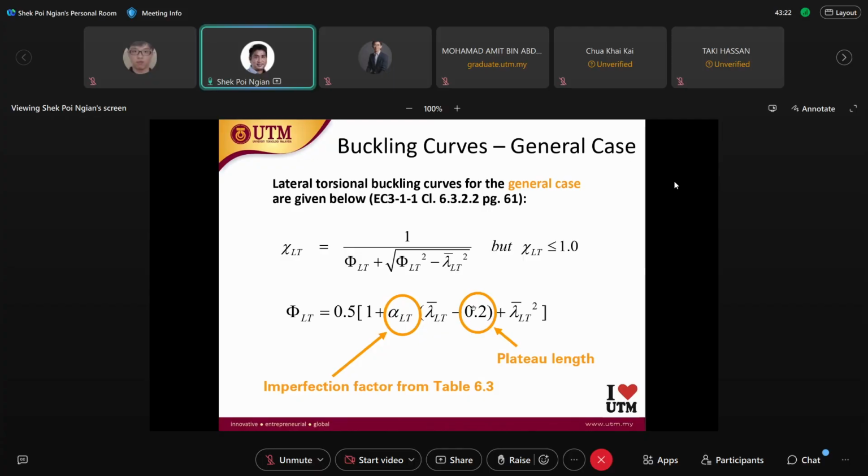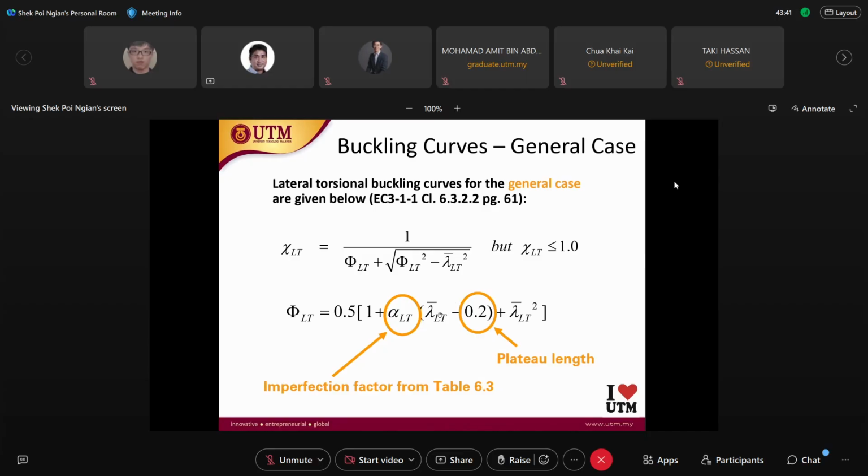Remember just now we have a condition saying that if your lambda LT bar is less than 0.2, you don't have to check for lateral torsional buckling. So here is where the 0.2 comes in.